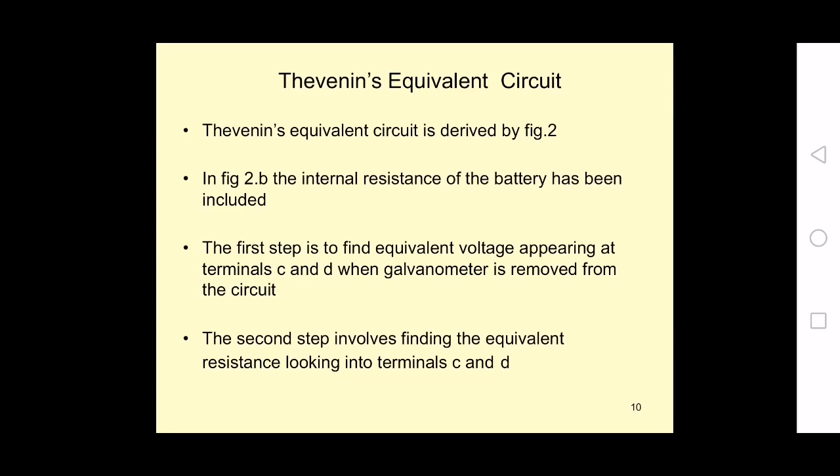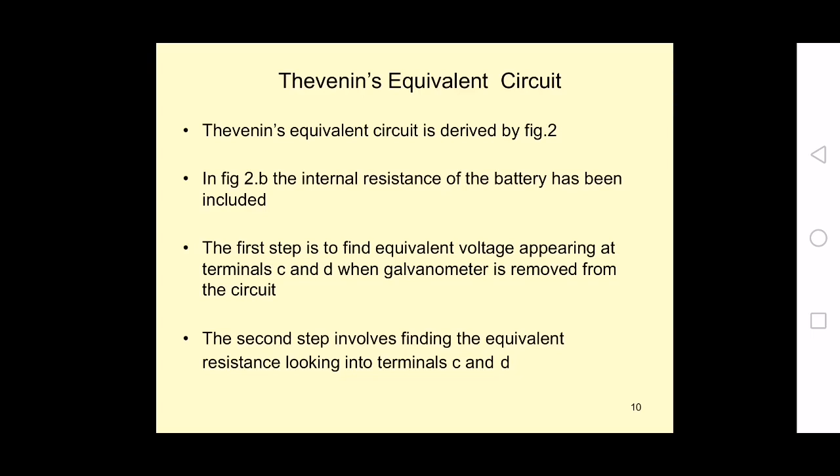Now finding the Thevenin's equivalent. It is derived by finding the internal resistance as well as the Thevenin's equivalent voltage. So the first step is to find the equivalent voltage appearing at the terminals C and D when the galvanometer is removed from the circuit.